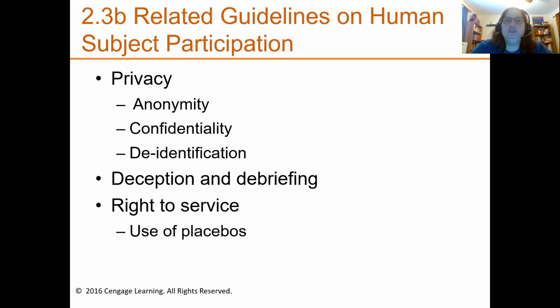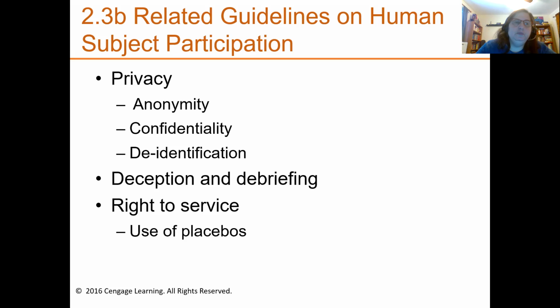Someone took just the basic demographic characteristics of an individual and was able to figure out who that individual was. They weren't given the name or anything. They were just given some basic demographics and were able to trace that back to the individual. So when we talk about de-identifying records or cases, we might not only need to remove names, but we might need to remove certain demographic characteristics or other characteristics as well.